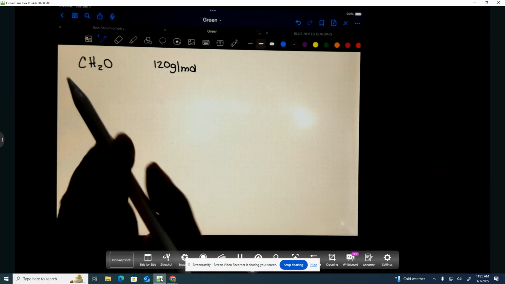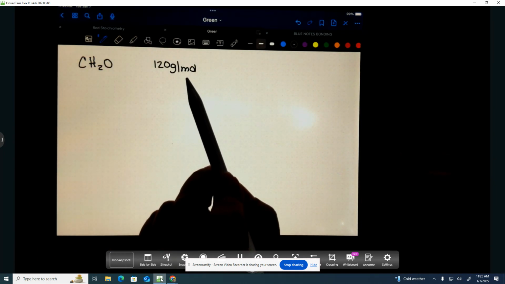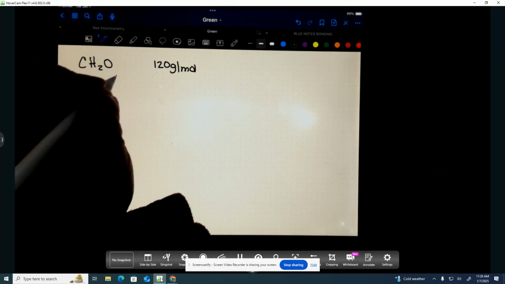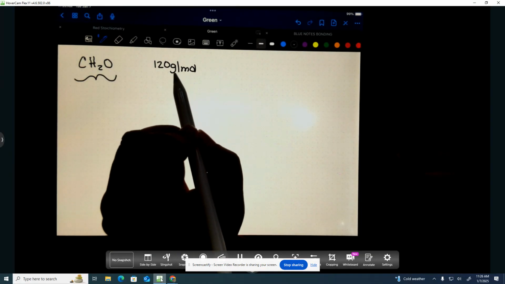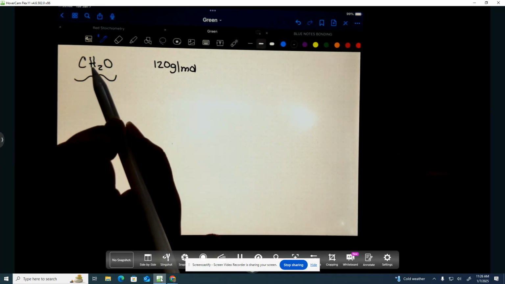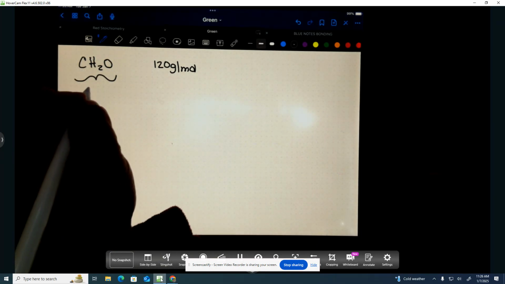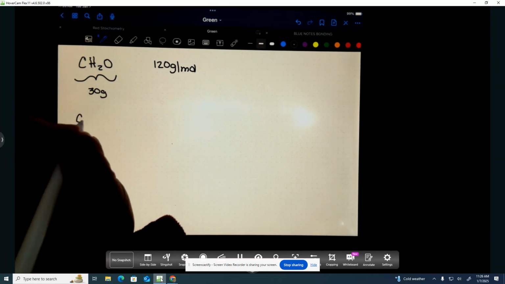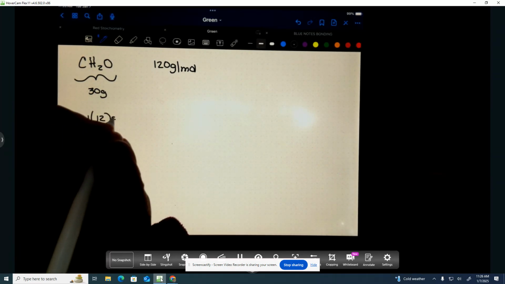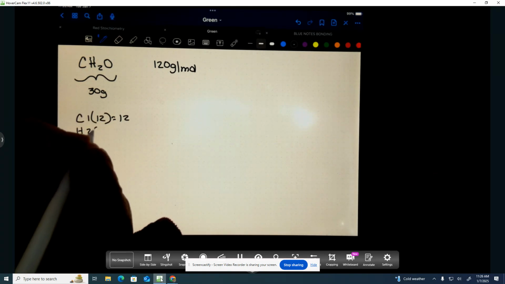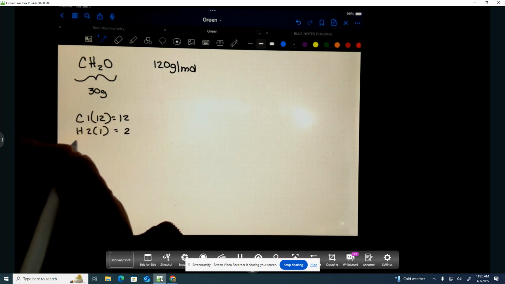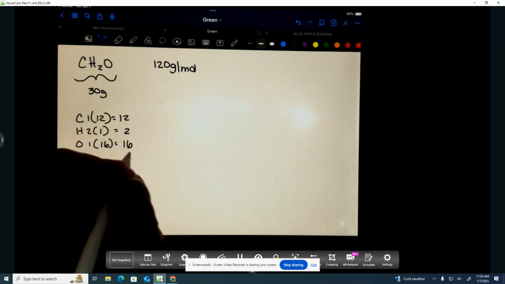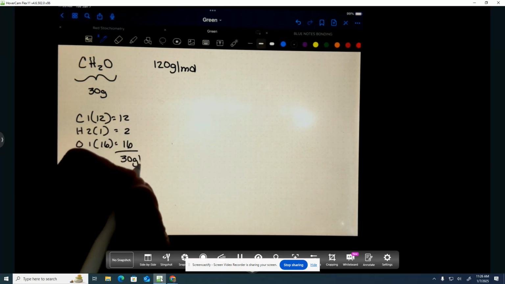If we have the empirical formula, and we know what we're looking for is 120 grams per mole, then we have to find out how many times bigger this 120 is than this. This weighs 30 grams per mole: one carbon, two hydrogens and one oxygen, 12 plus 2 plus 16, 30 grams per mole.